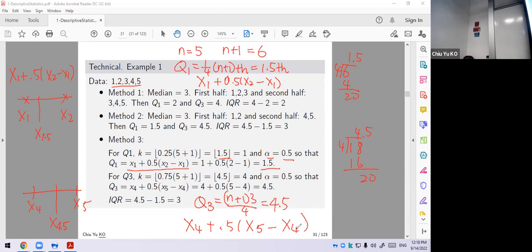So we start from 4 and go halfway between them. I hope that is more clear. x4 in this case is 4, halfway of 5 minus 4, so it gives you the answer 4.5.